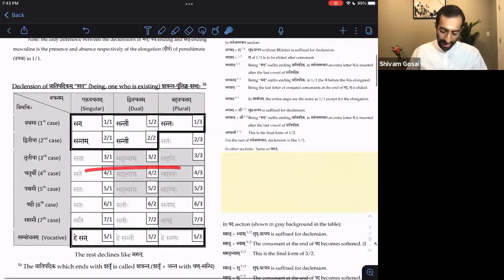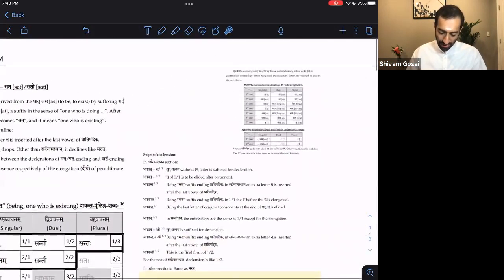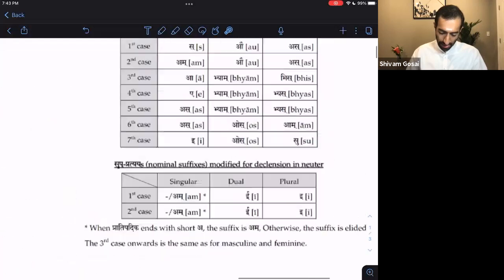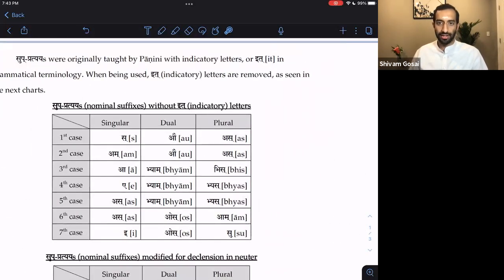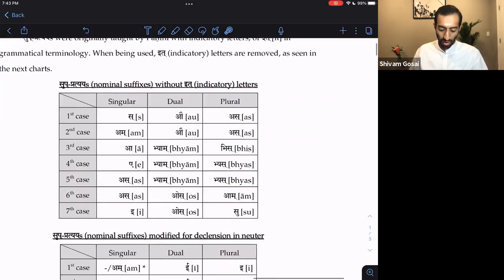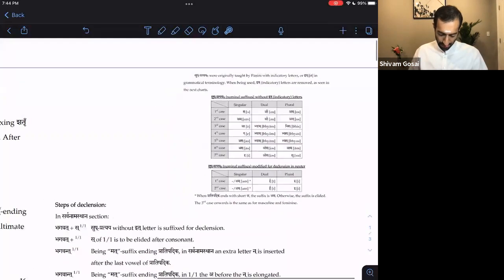Right? So knowing that, we should be able to look at this chart and decline it. Yeah, does that make sense? Okay. 1-1, sun. Right? Sat becomes sun. We add the nakara, it becomes sant, then ta gets removed. Okay? Sun. Then santo. Sun. Right?